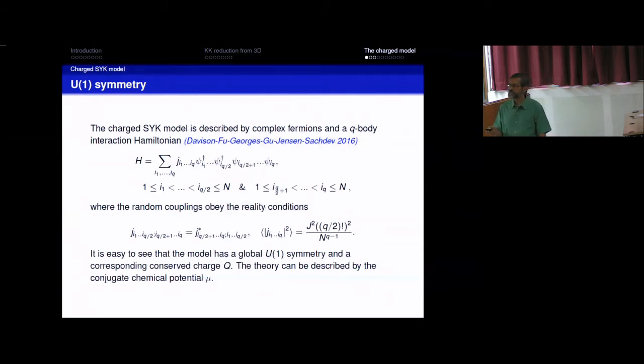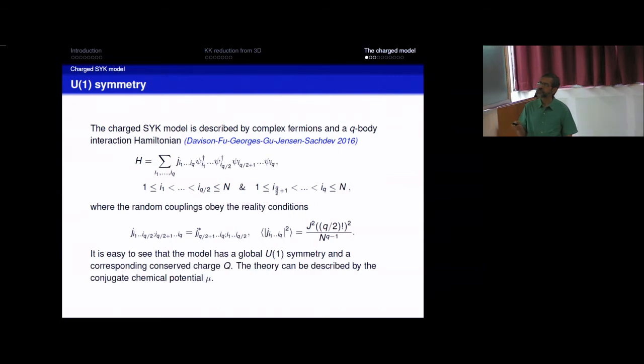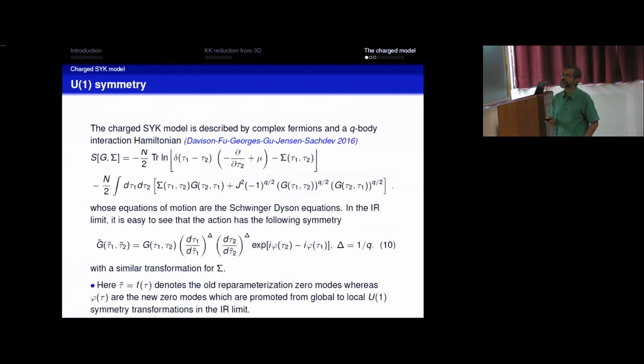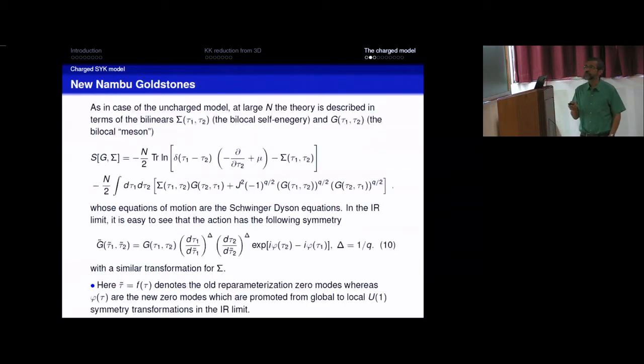One can easily see that this model has a global U1 symmetry. The number of psi daggers and the number of psis are the same in the Hamiltonian, and the corresponding conserved charge is Q. The theory can be described by the conjugate chemical potential mu. So, as in the case of the uncharged model, this kind of action appeared in Huan's talk in the morning, as you saw.